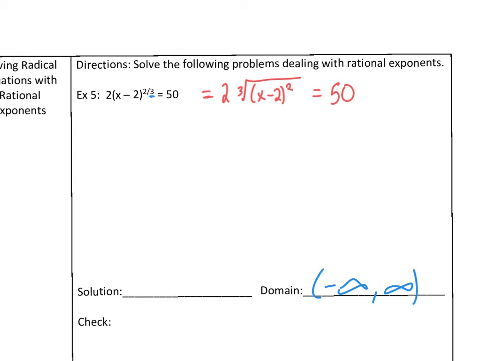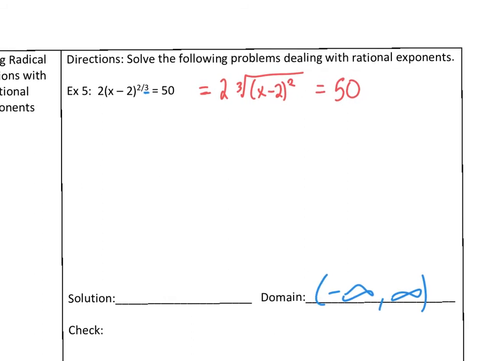Okay? So to solve this, what do I need to do? How do I get the root by itself? Yep, we got to get rid of that 2 out front because that's not a part of the root.